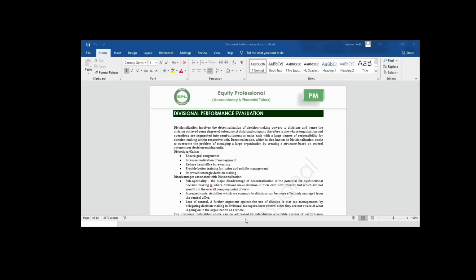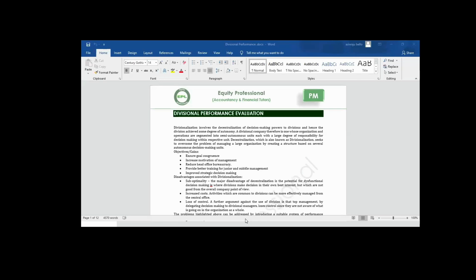For example, if you have companies that are operated along divisional lines, a good example is Dangote Group.